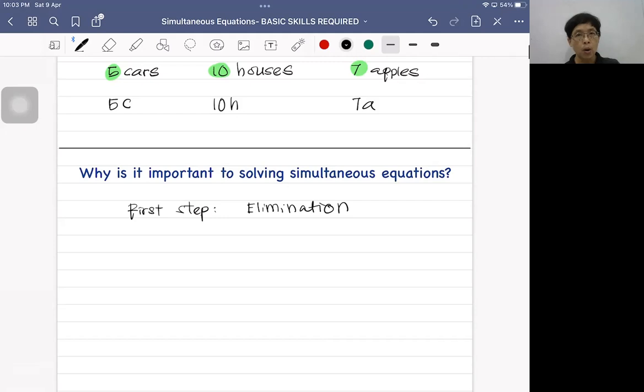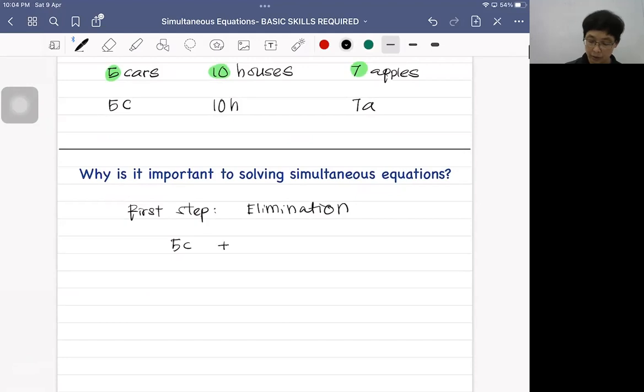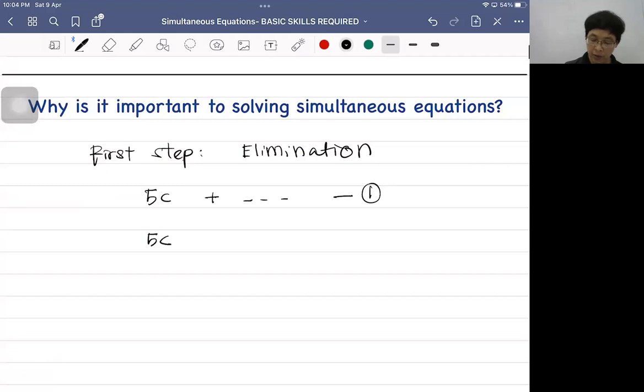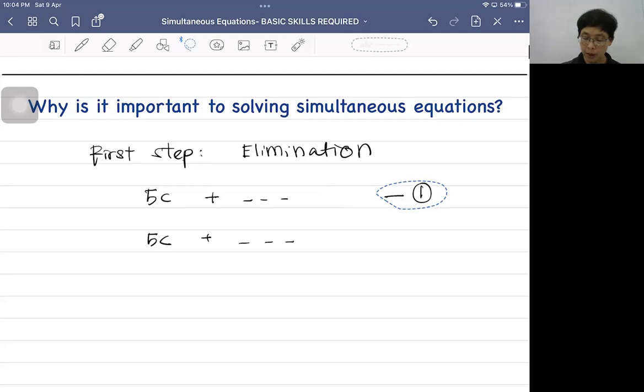You will find out more later, but let's say someone actually has 5 cars and something else, and another person also has 5 cars with something. And then maybe they pay a certain amount. Let's put in some numbers for illustration.